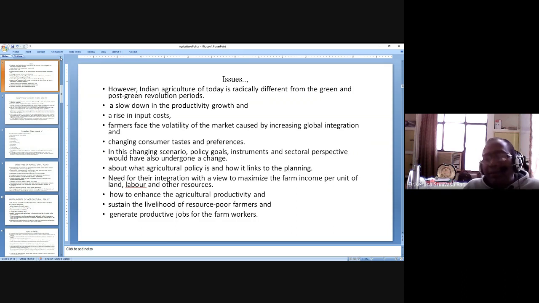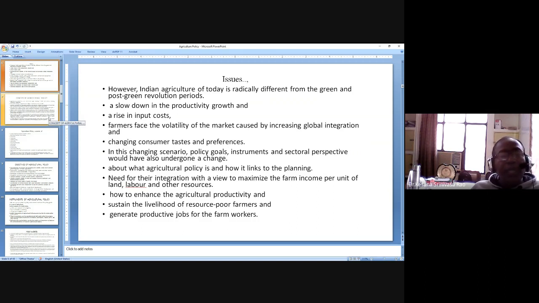So how the plan will be implemented in the process of agriculture production, how agriculture production will be enhanced, and how agriculture development will take place, these are all components of agriculture policies.